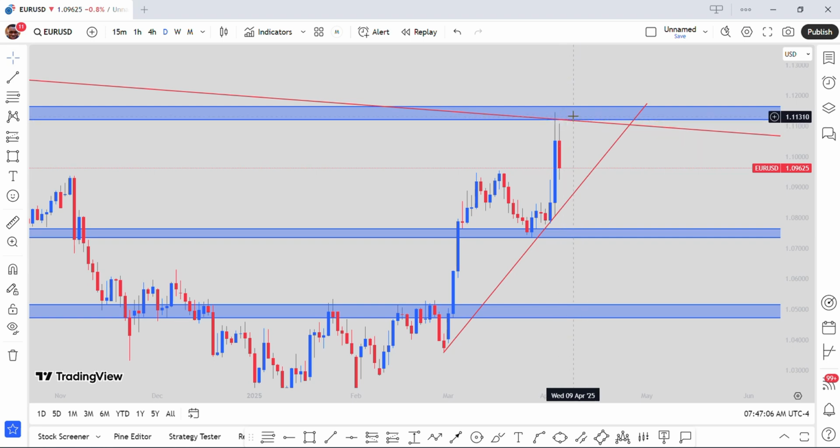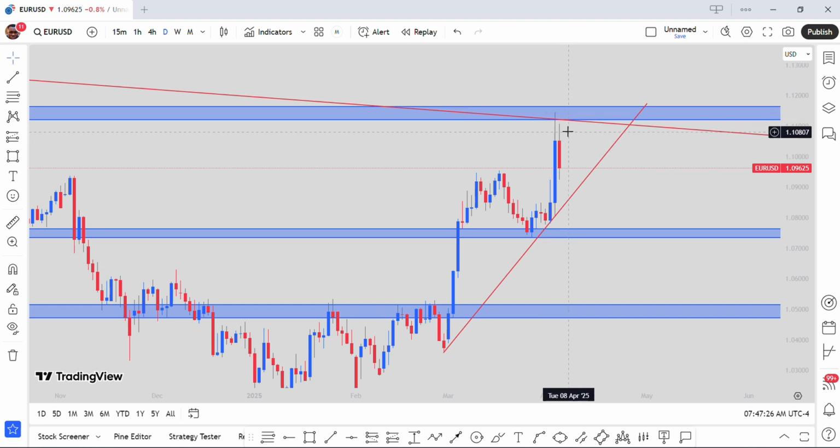If I could see a candlestick rejection from this level and also a clear break of this counter trend line, I'll be looking for a selling opportunity after price got rejected from this level. This was just a wick rejection, not really a candlestick.